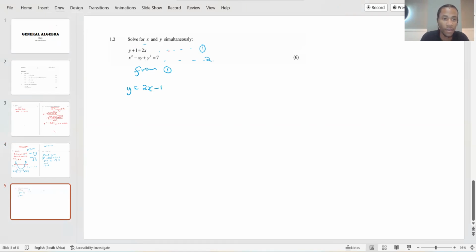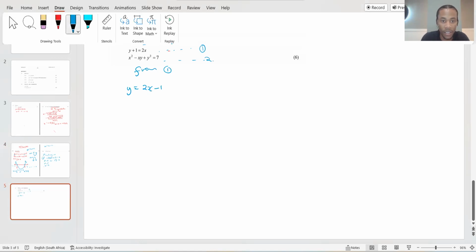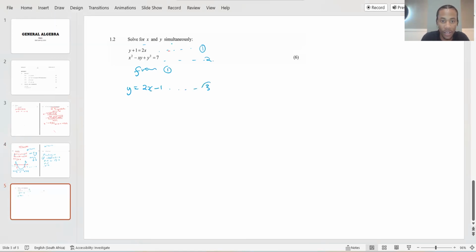So there I have formed the equation. This will be the third one. And then from the third one, I substitute the third one in the second one. So I have x squared minus x. In the place of y, I'm going to place this thing here.